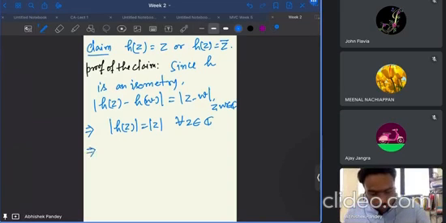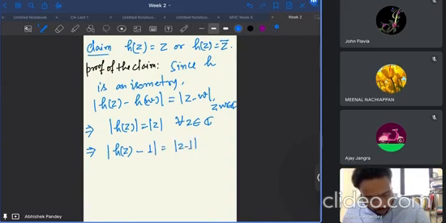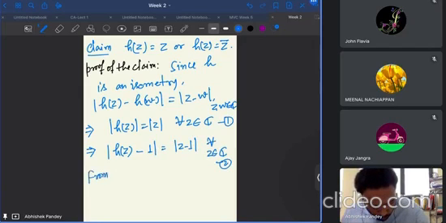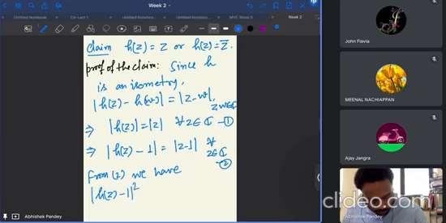Also if I take w equal to 1, then |h(z) minus 1| equals |z minus 1| for all z in C. Let us call this first and this second. From the second, squaring, we have |h(z) minus 1| squared equals |z minus 1| squared.